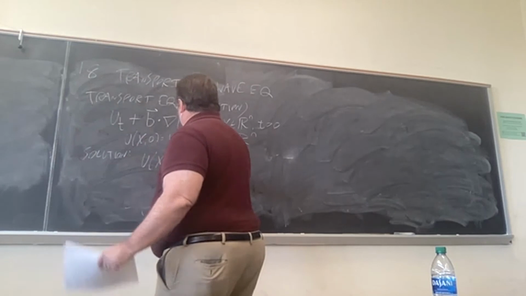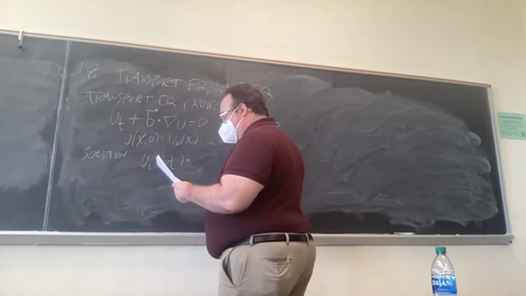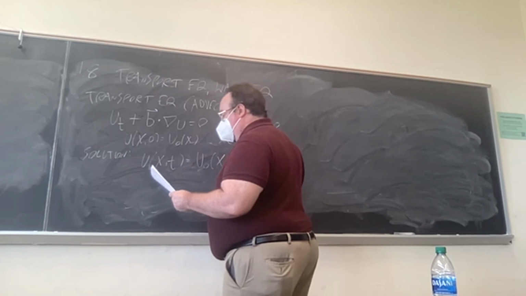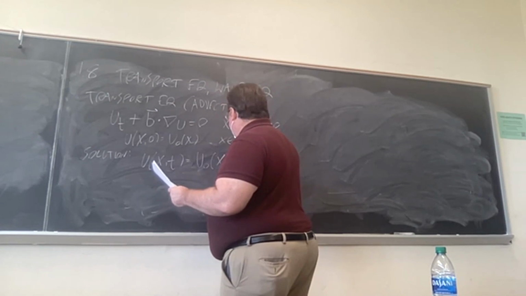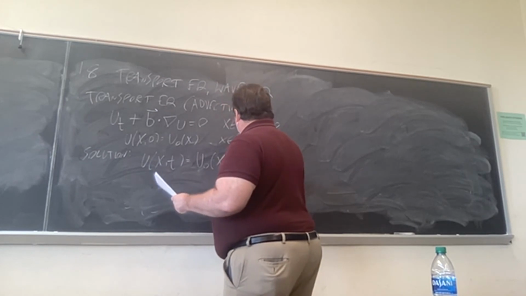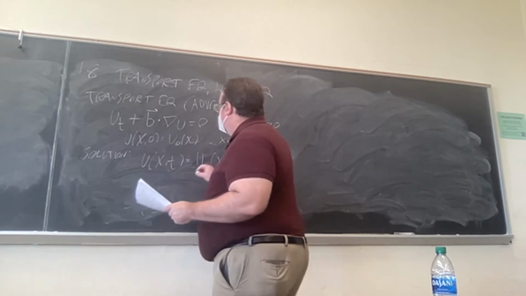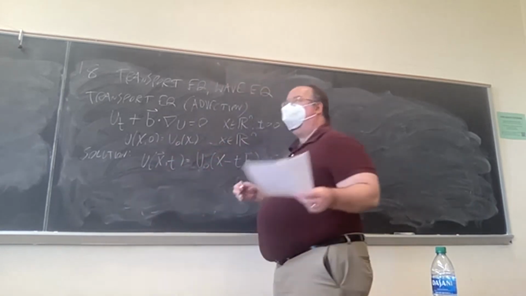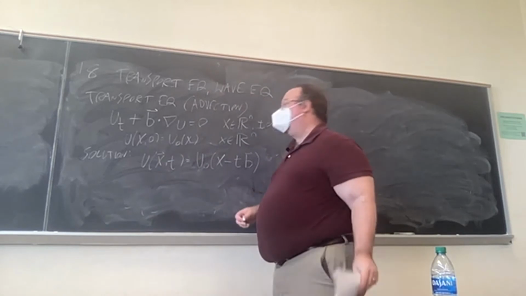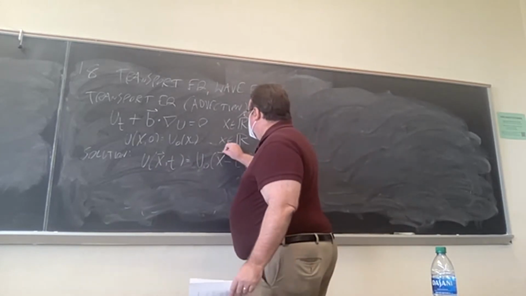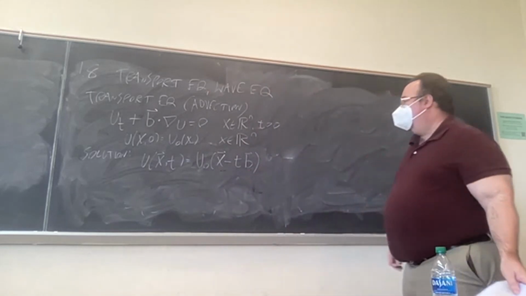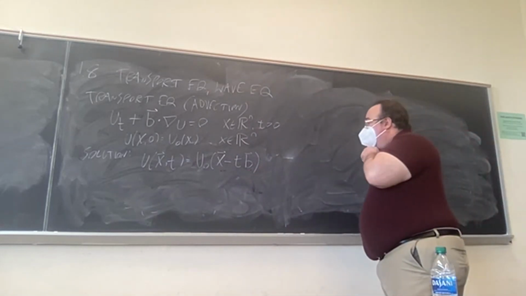So u of x, t is u naught of x minus tb. Now, here I haven't always written the vector symbol for x, but x has been understood to be a point in Rn. It is an n-dimensional vector. But I'll put a vector symbol on it just to be consistent with the vector b here, which is a vector also in Rn.